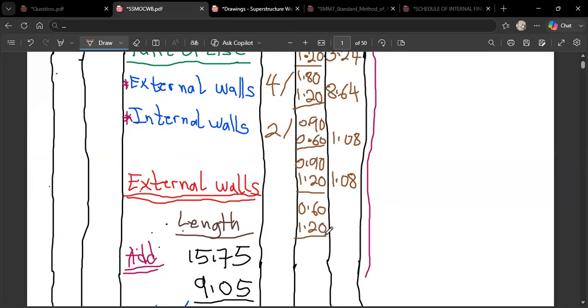So the 0.60 times 1.20, what are you going to get? I'm going to get 0.72.